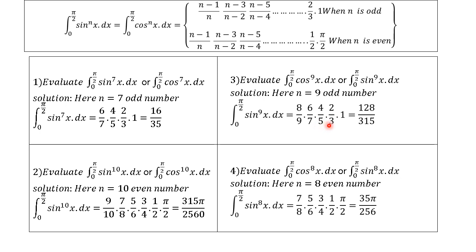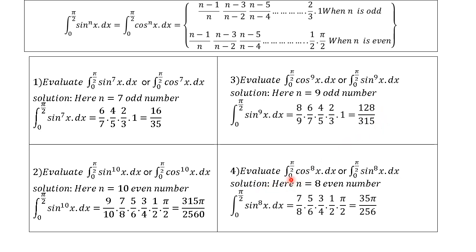Next 5 and 3. Here n is an odd number, therefore multiply this one with 1. See here, for odd number it ends up with 2 by 3 into 1. For even number it ends up with 1 by 2 into pi by 2. That's all. Multiplying and simplifying this one, you will get 128 divided by 315.